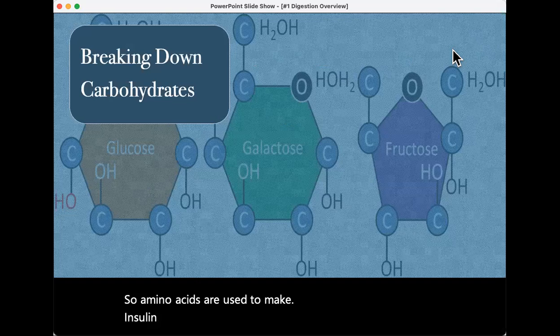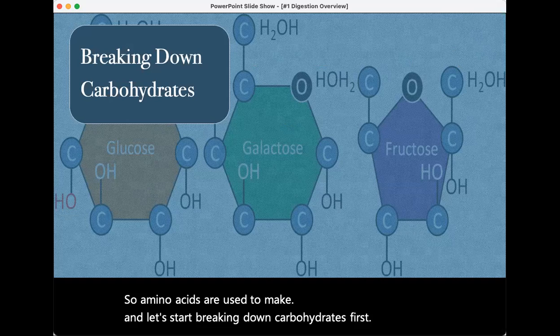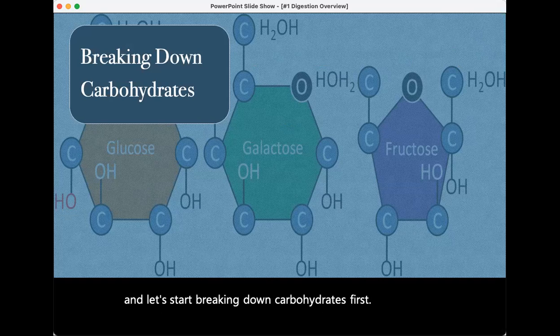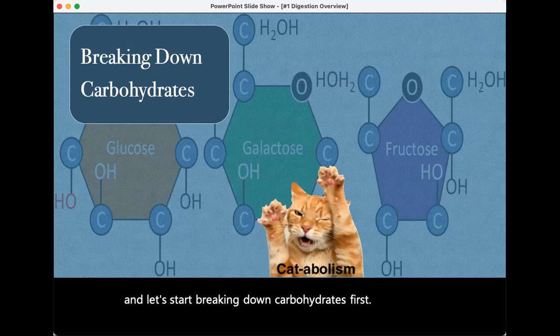But let's start breaking down carbohydrates first. And the way I remember catabolism is a cat ripping to shreds these molecules.